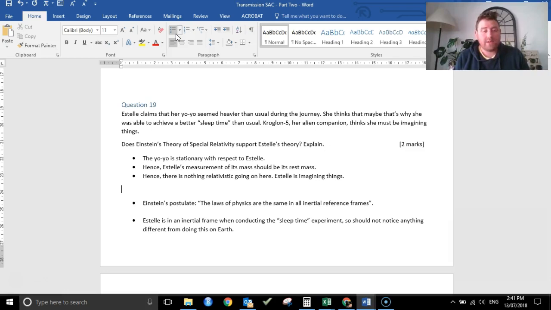And then you say, okay, well, according to Estelle, the yo-yo is not really moving very fast, in which case there should be no mass dilation, etc., etc. Okay? But it's really important that you can get your head around that. It's really important that you can be like, I'm going to remove this idea from my head. There is no correct frame in the universe.